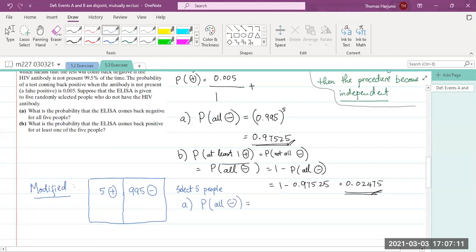So the probability that the first one is negative is 995 over 1,000, times the probability the second person still tested negative, which is 994 out of 999. You see the difference with what we have earlier.